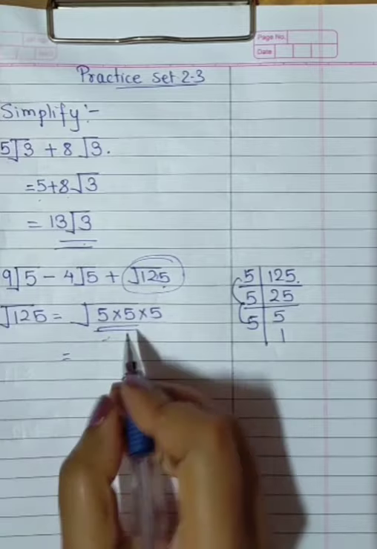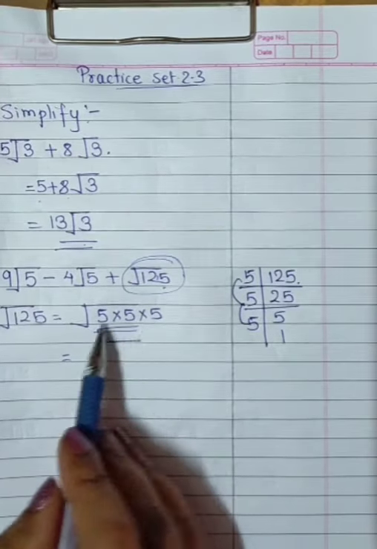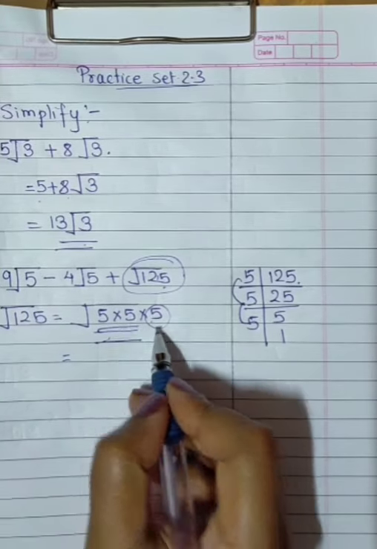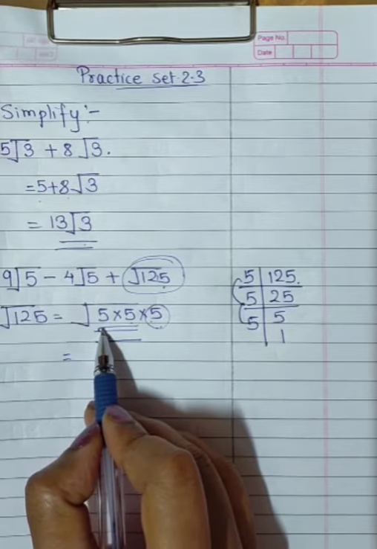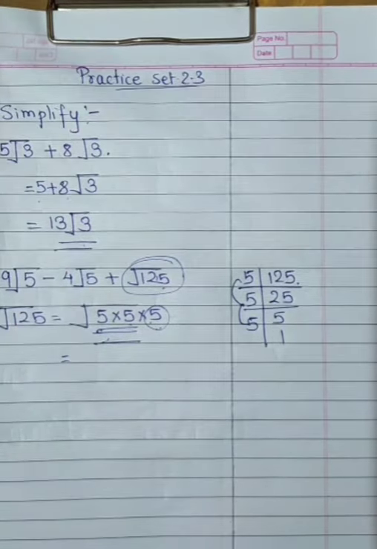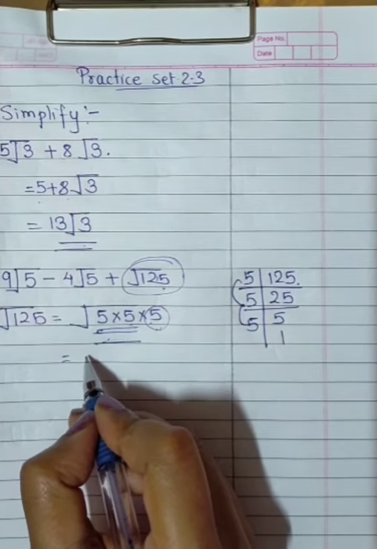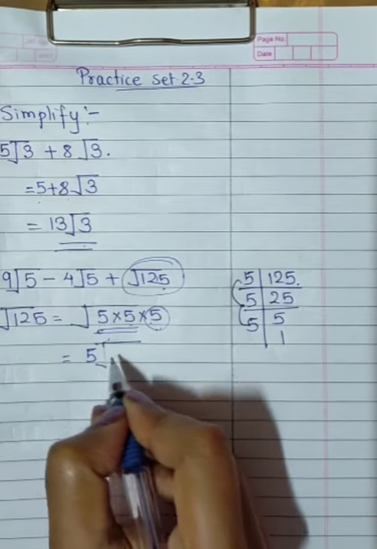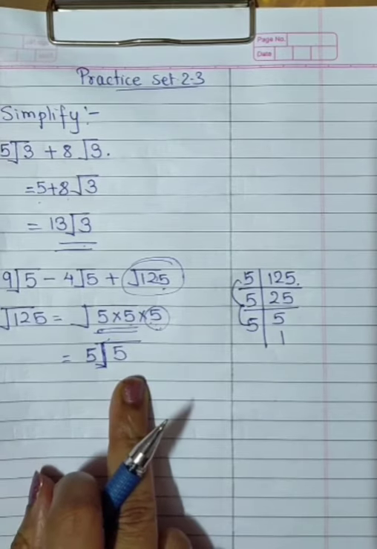So as I already said, the remaining number is the radicand, and the pair number of 5 will come out of the radical sign. So 5 square root, and the remaining 5 will come inside the radical sign.